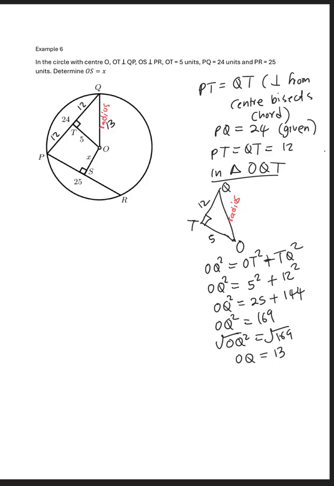And then now that we have found the radius, then we can do a construction. So we're gonna say construct OR. Then I'm going to construct OR here.